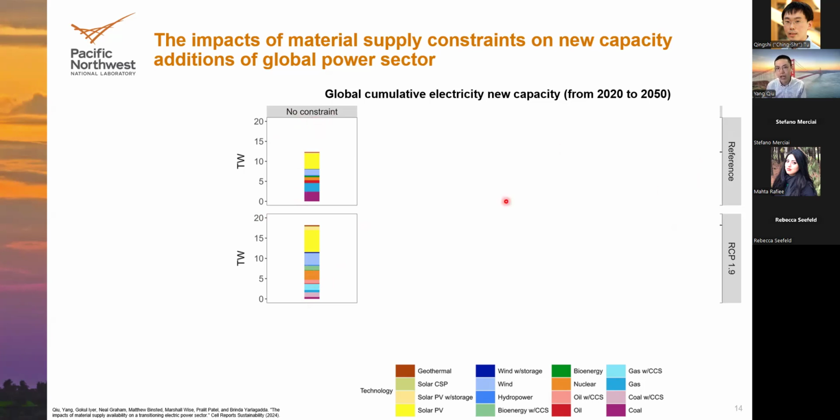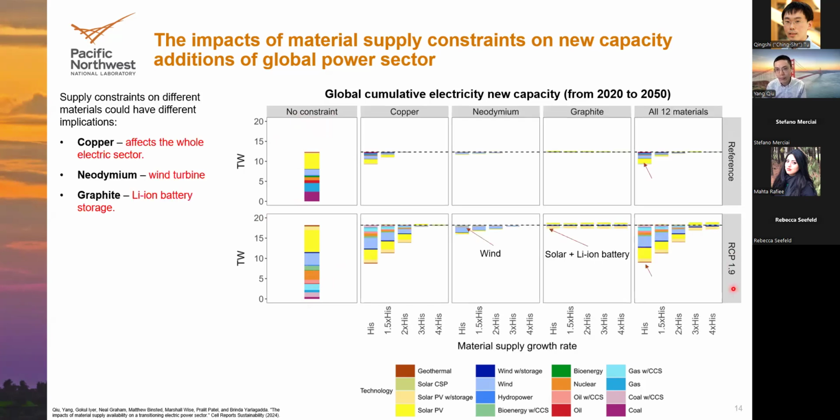We have a reference case and then the RCP 1.9 case. And the panels on the right-hand side are showing you how those new capacities will change under different material supply constraints. Here we have copper, neodymium, graphite, and then all 12 materials together.